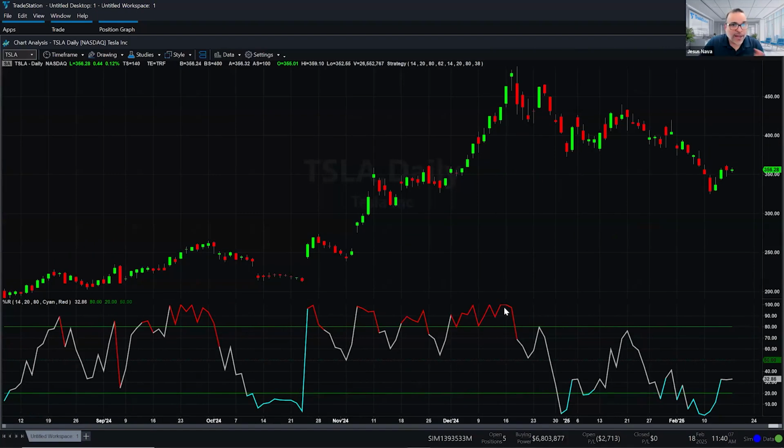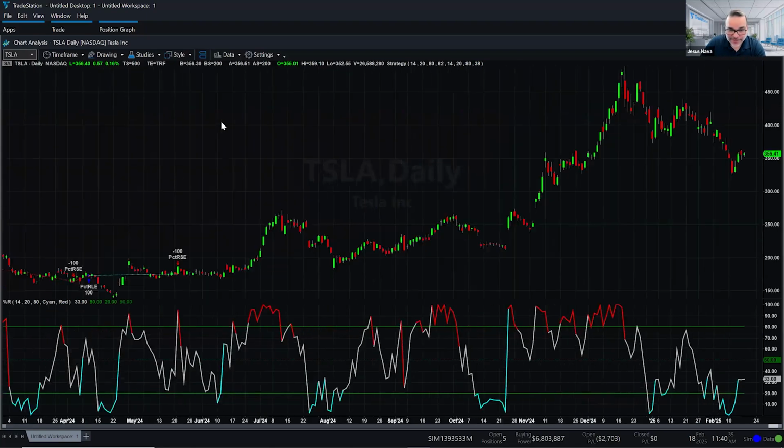The alert is generated when that red line crosses the overbought line, so it goes inside the channel. On the other side, it may be oversold, but the signal is only generated when it returns inside the channel, so it stops being oversold. That's where the signal is, because that's where the indicator wants to tell you that the trend may be changing. Now on the strategy, it's a little different.